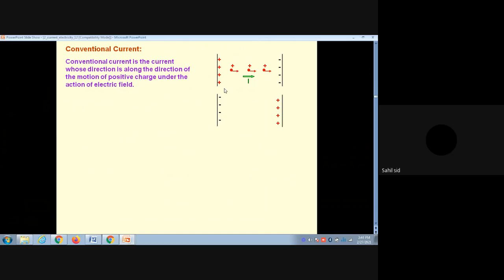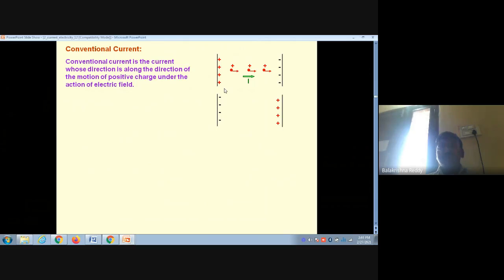If there is a flow of electrons, then we can say that there is a flow of current. If there is no flow of electrons, then there is no current. That's why we use the word conventional current.